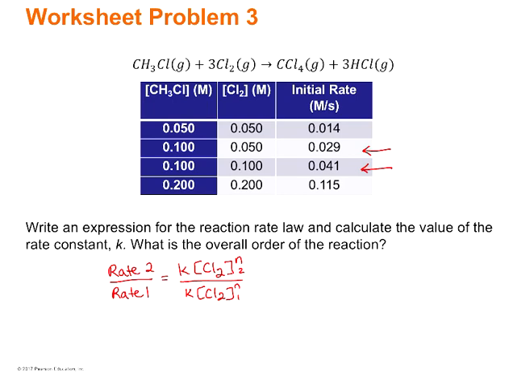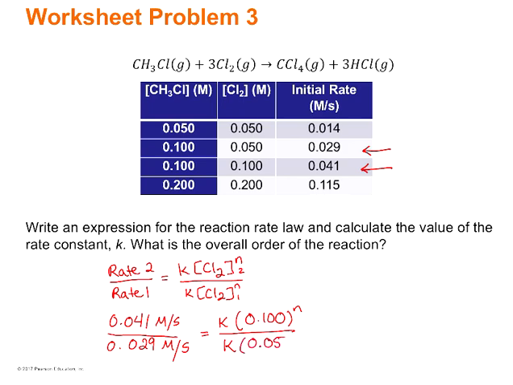All right, so the second rate was 0.041 moles per liter per second, and the first rate was 0.029 moles per liter per second. And then we have K times the concentration at time 2 there, and that's over K times the concentration at time 1.